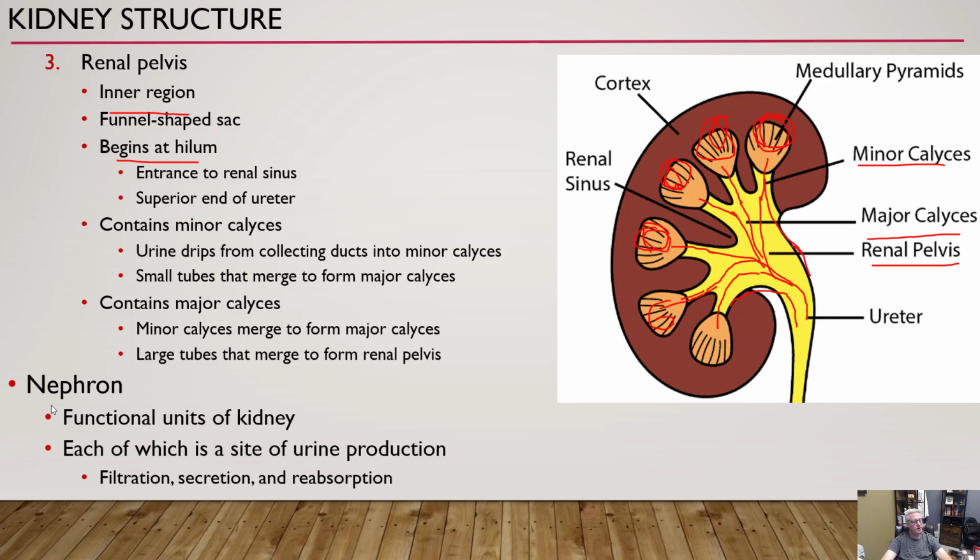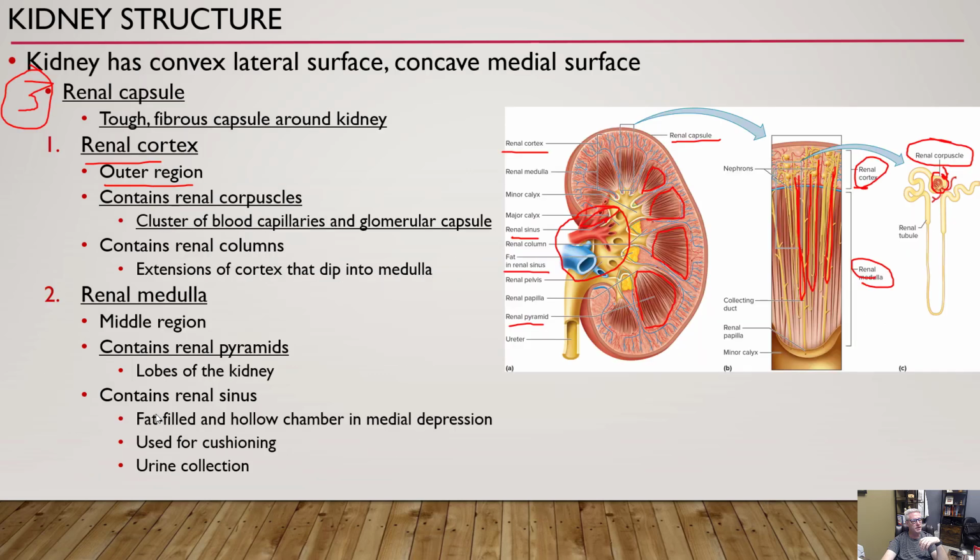And we haven't talked about the nephron yet. The nephron is actually the functional unit of a kidney. And that is where the whole urine production happens. So when we filter all of the gunk out of the bloodstream, when I mentioned that we have these areas of secretion and reabsorption, that is at the nephron site.